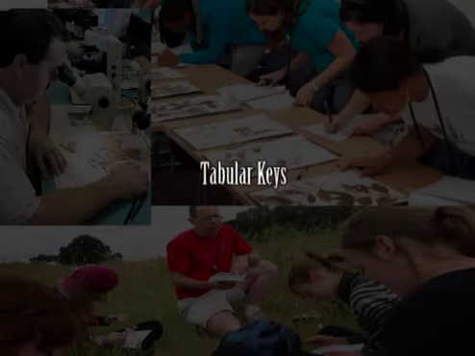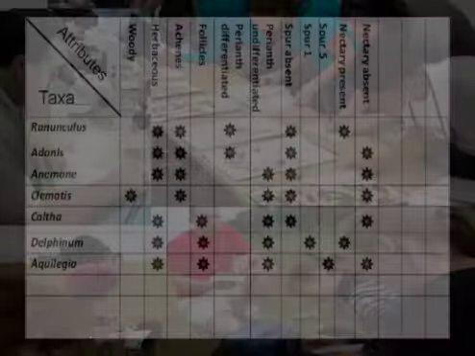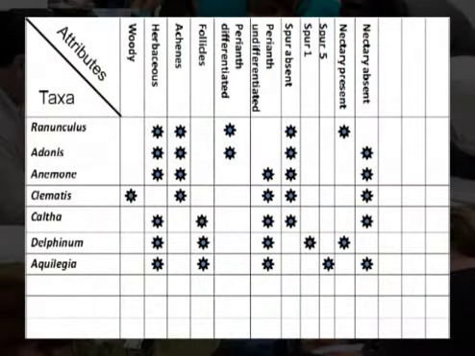Now, we discuss something about tabular keys. Tabular keys are essentially similar to the polyclaves in the sense that they can take an exhaustive list of attributes and are easier to use. The data are incorporated, however, not on cards, but in tables with taxa along the rows and attributes along the columns.